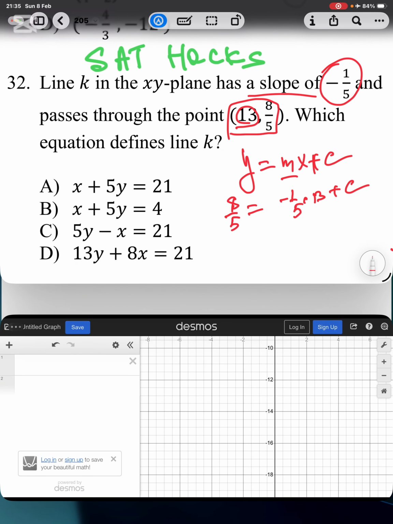From this expression, we have to find the value of c. When you move this minus expression to the left, c is going to be 8 divided by 5 plus 13 divided by 5, right? As you can see, we have the same denominators, so we can simply add the numerators, which gives 21 divided by 5.